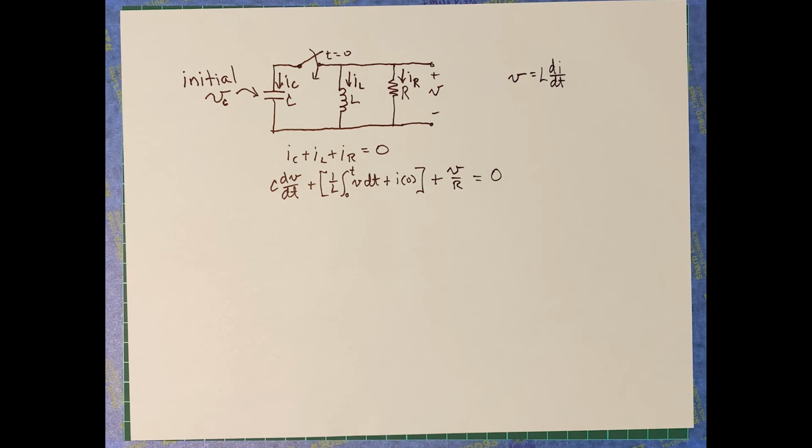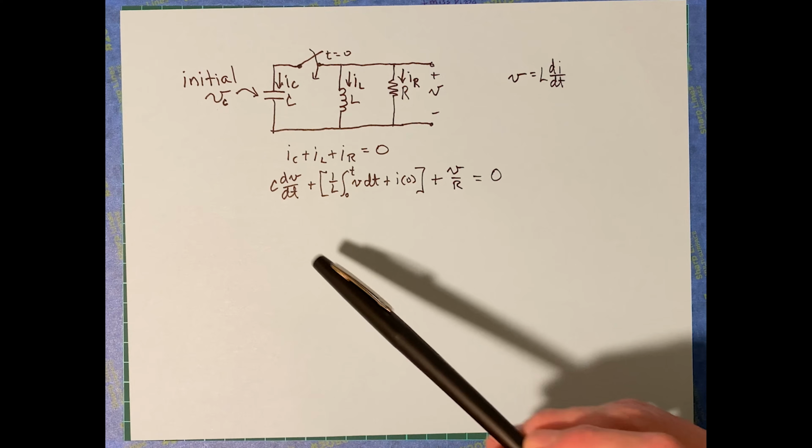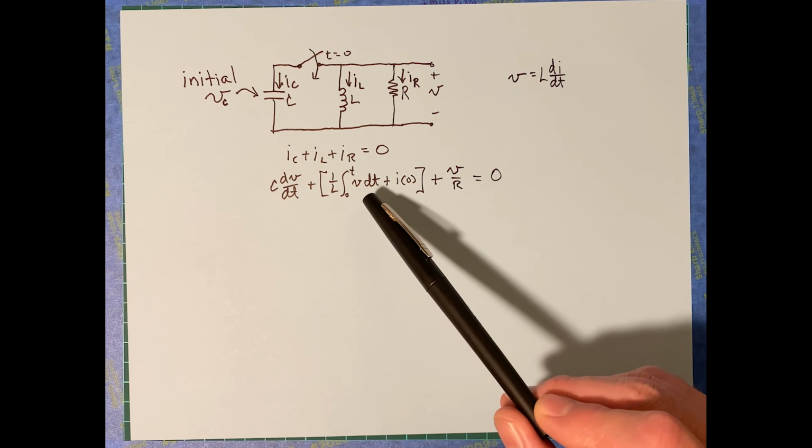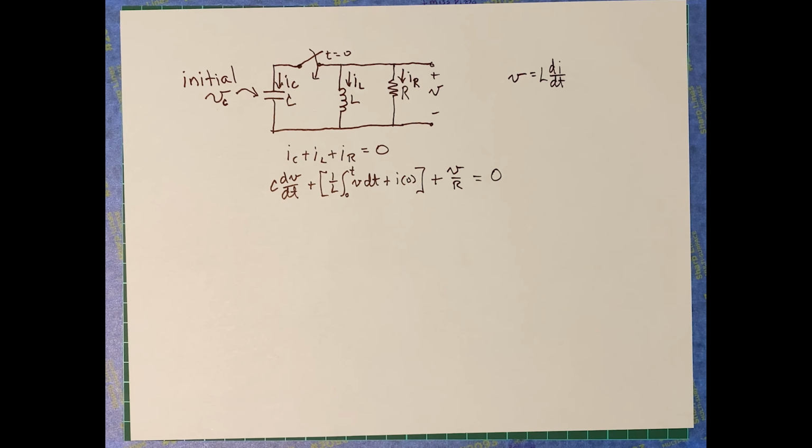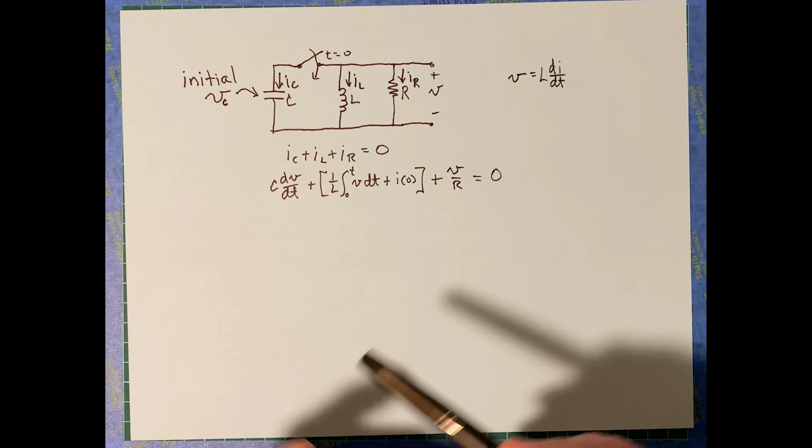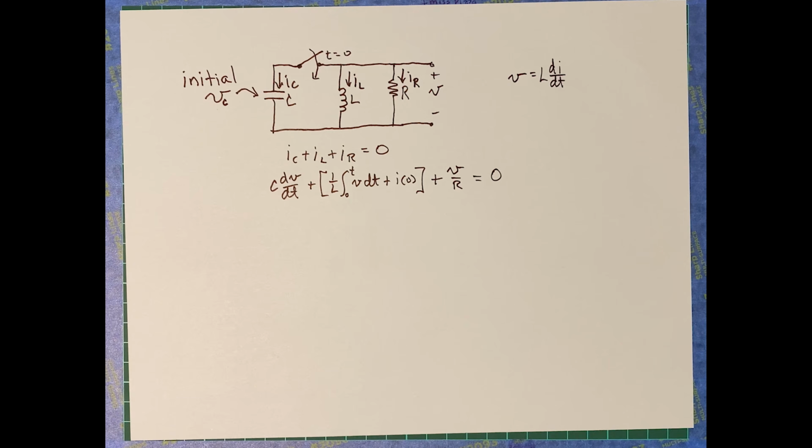This would be our equation of state, but this is a difficult equation to solve. We need to do something to it first before we can hope to get a solution, because it's got a first order derivative and an integral in it. So the common way to fix this is to take a derivative of it. In other words, differentiate it one more time with respect to time, and that eliminates the integral.